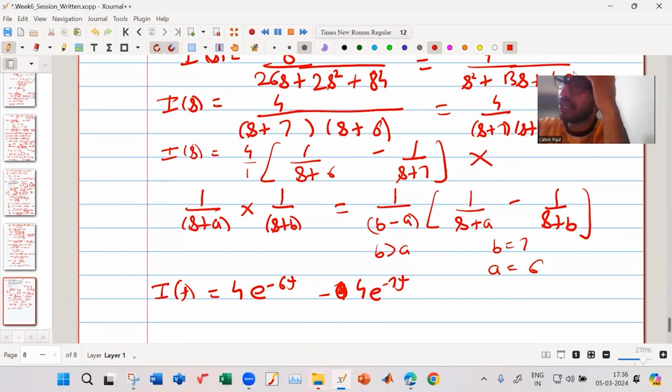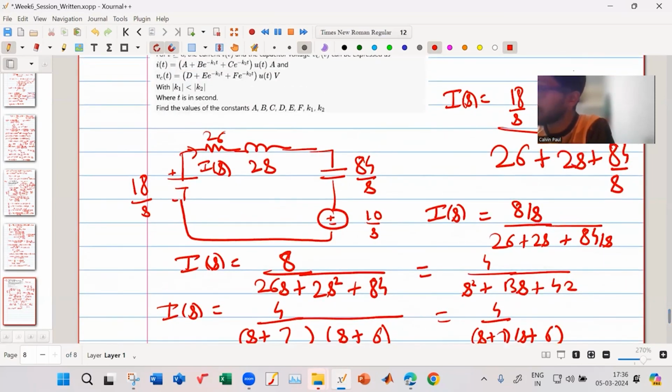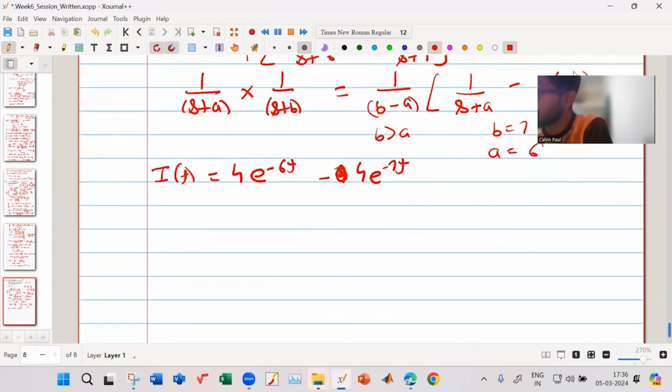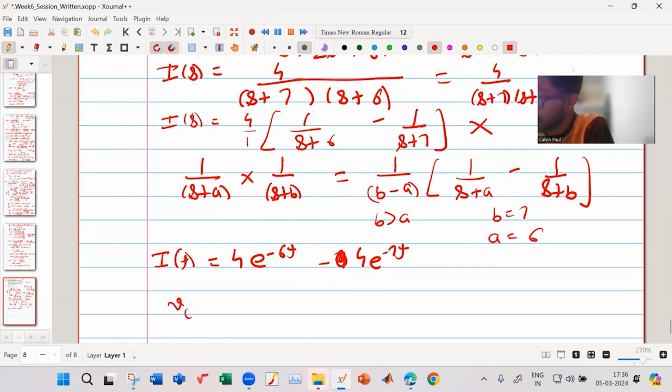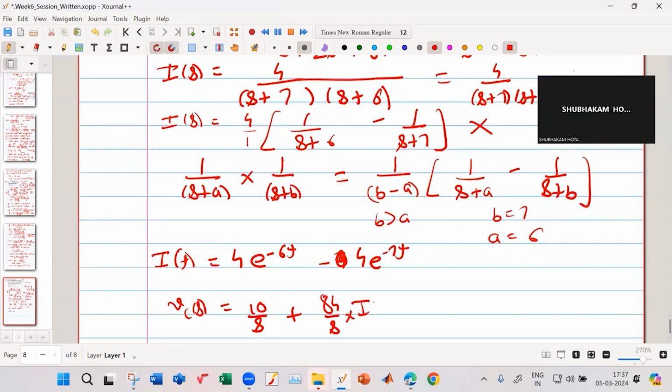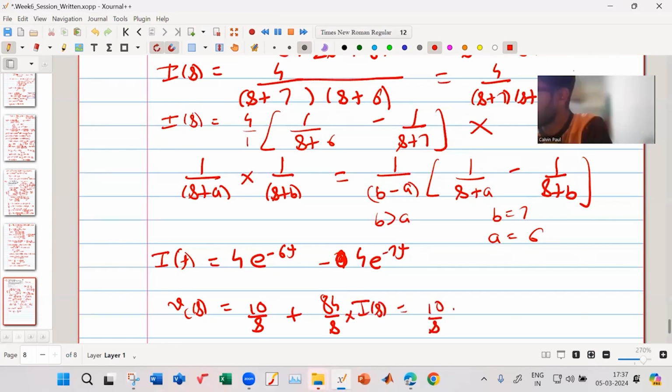Now I need to find the voltage across the capacitor. So how will we find that? This is the total voltage across the capacitor, and this is my current I of S. So my VC of S is equal to 10 by S plus 84 by S into I of S. What is I of S?